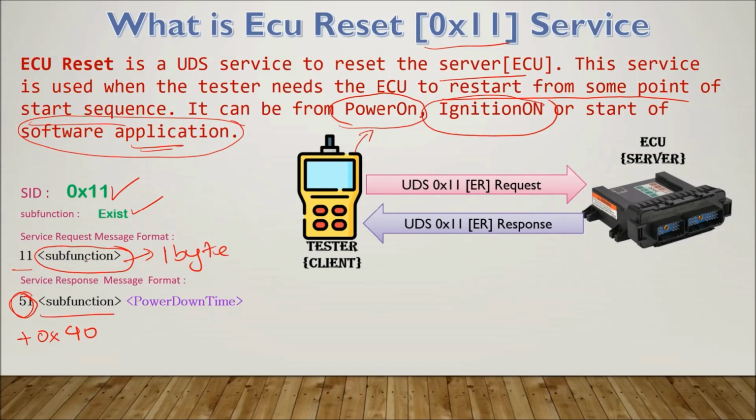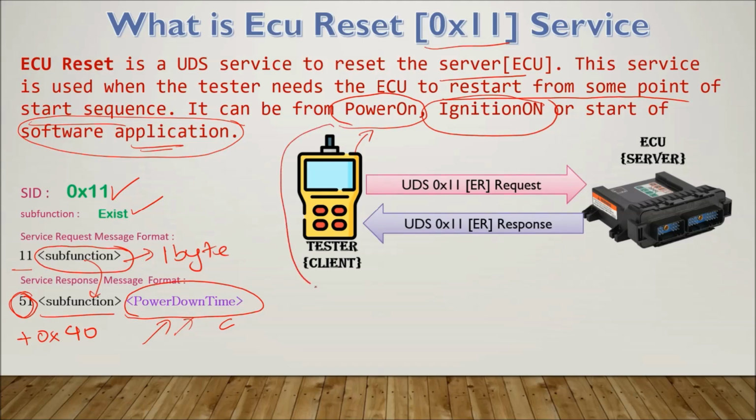Then the same subfunction is given, and the power down time. As you can see, I have highlighted the power down time element in a different color. That is because this power down time is applicable only for certain subfunctions. So not for all subfunctions this value will be available. So this is a conditional parameter.